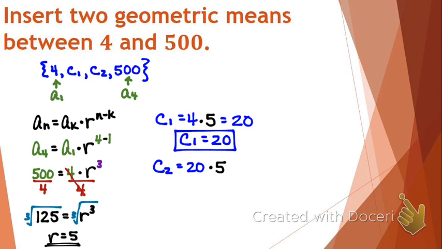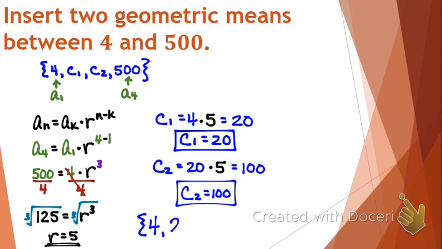And that gives us what? 100. So my geometric sequence with the 2 inserted geometric means would be 4, 20, 100, and 500.